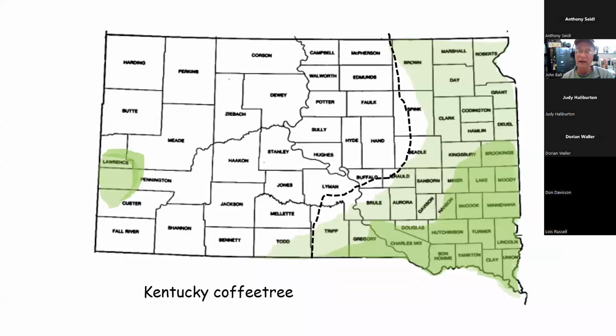But out in the country where they're going to be subjected to poor growing conditions, and we're probably not going to get the precipitation, nobody's going to water them. Really, again, this is a tree best limited to the eastern half of East River, and then getting down to Tripp and Gregory County, because they do get a little bit more moisture. So a little bit more humidity, a little bit more moisture, and this tree performs extremely well.